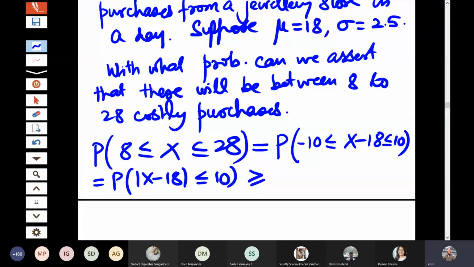So by Chebyshev's inequality, it is greater than or equal to 1 minus sigma square by 100. That is, sigma square is 2.5 square. So when you simplify, this simply becomes 15 by 16. So here you can see it is more than 90%, isn't it? You are getting 0.94 almost.